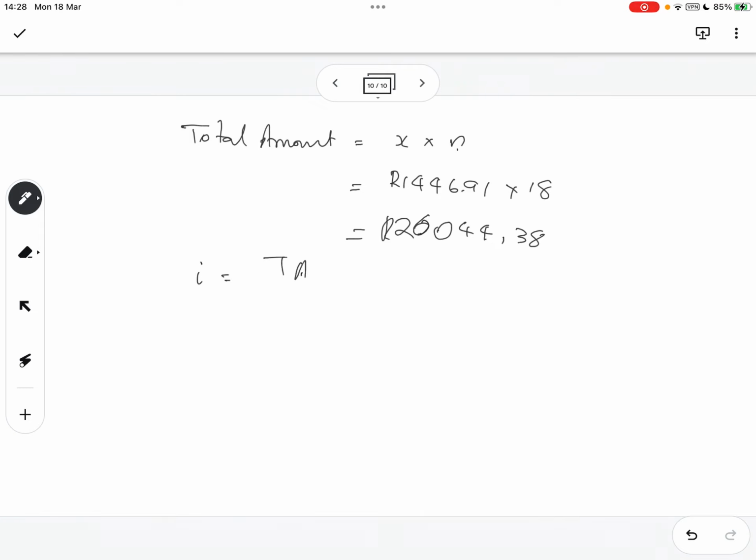Then the interest would be total amount minus loan amount, which is 26,044.38 minus 24,000, and that's 2,044.38.